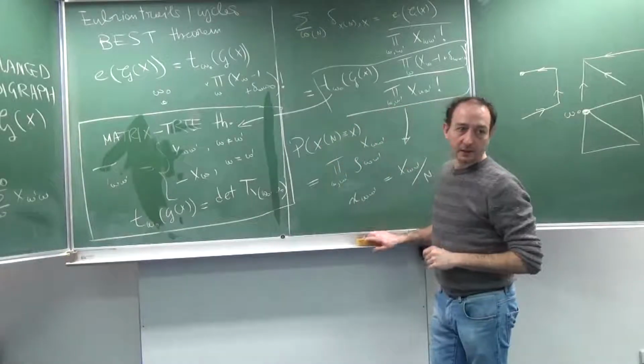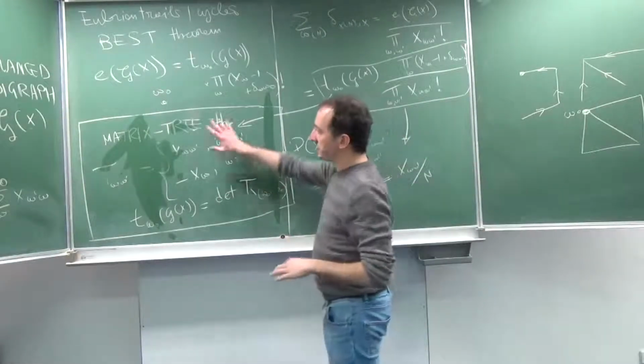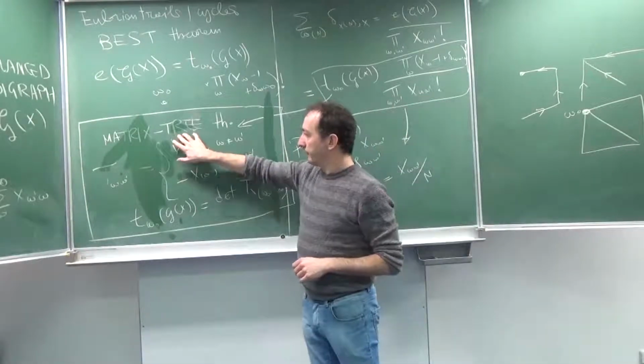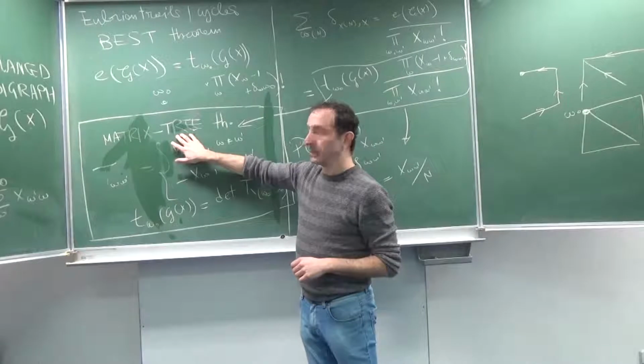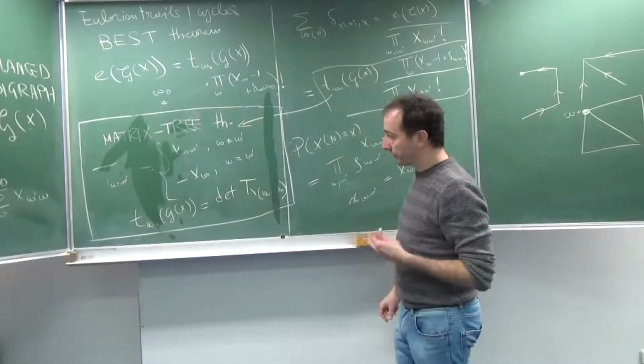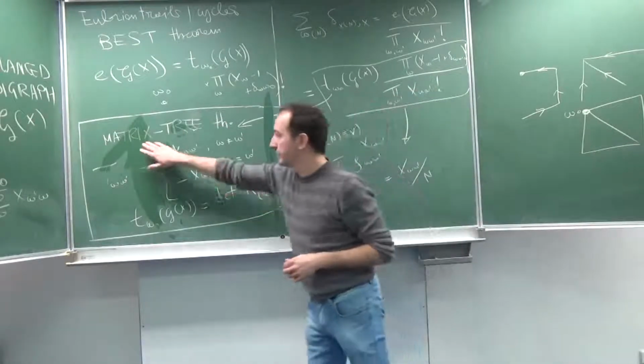Okay? So this is also another very, very nice theorem in graph theory, connecting graphical properties, trees, number of trees, to linear algebra properties, matrices.